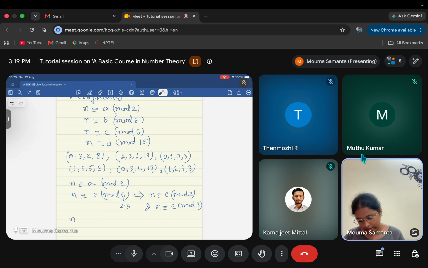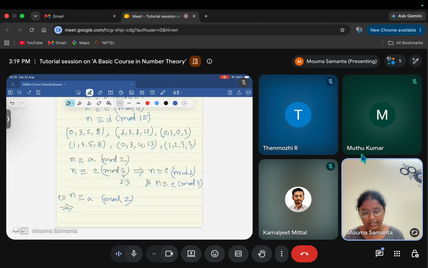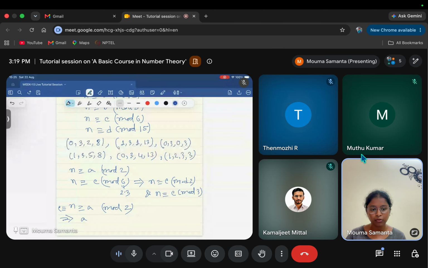So n is congruent to a and n is also congruent to c mod 2. So that will give you a and c are congruent under mod 2, right?